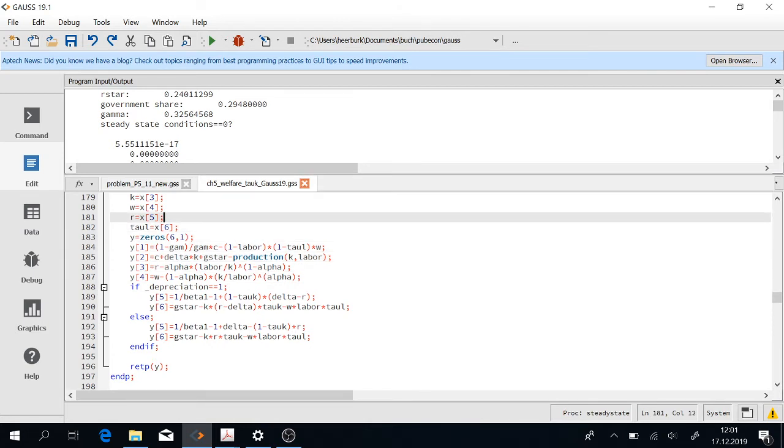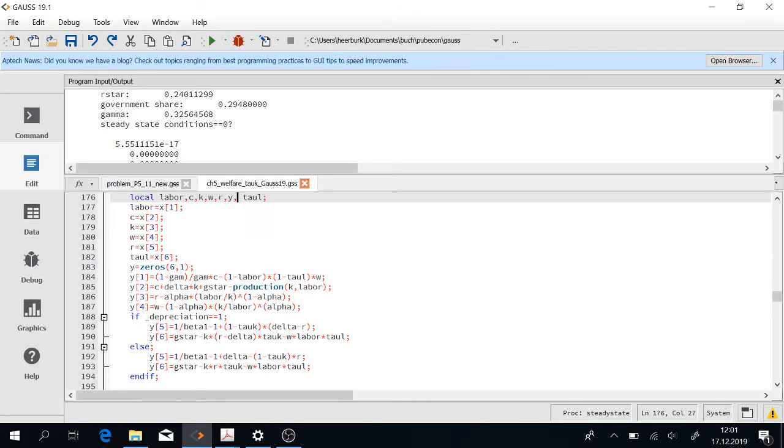Here in the steady state procedure, we have the 6 endogenous variables: labor, consumption, capital, wages, interest rate, and labor income taxes tau L. We have the 6 steady state conditions, which you just saw in the slides.